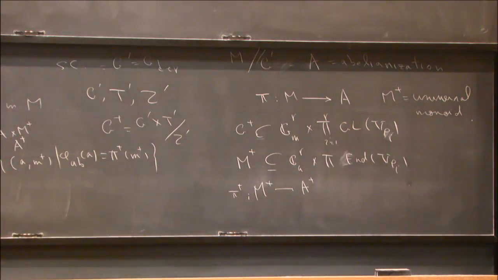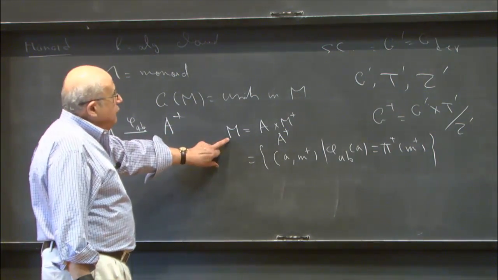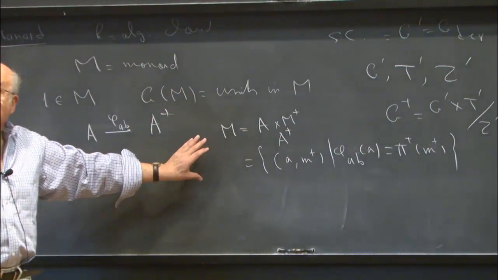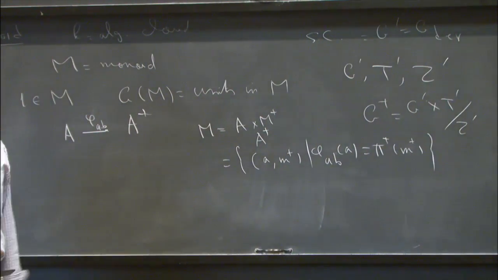In this fashion, you produce a monoid which contains a reductive group whose derived group is G prime, and all of them are found like this.